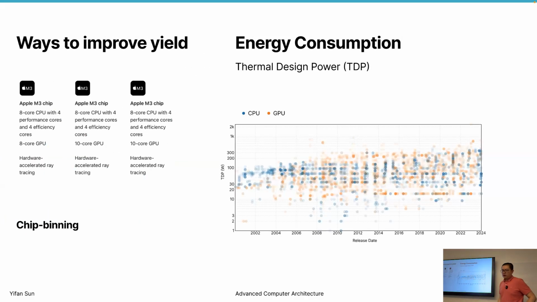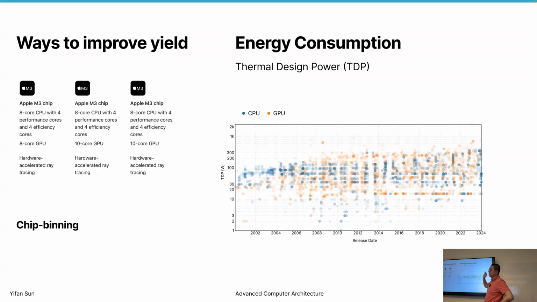Okay, then on the other side, we're talking about energy consumption. Now, what's the energy consumption today? We have this term called TDP, thermal design power. This thermal design power is not the actual power that is consumed by this chip. If we really want this chip to run faster and faster, and we can use liquid nitrogen as a cooling method, then we can make it consume very high power and run really fast.